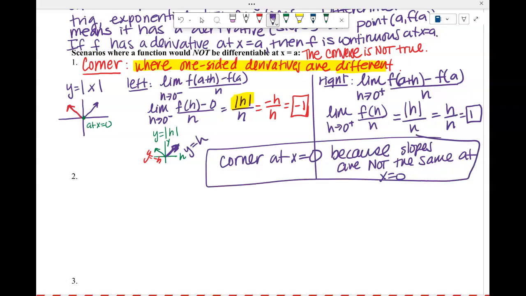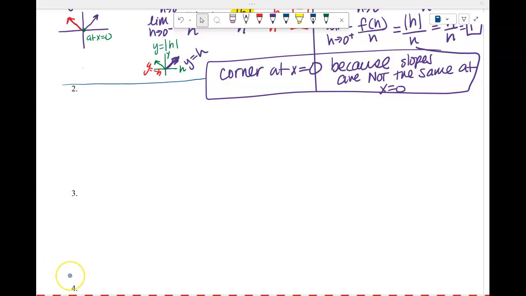All right, case number 2. We are going to call this a cusp.